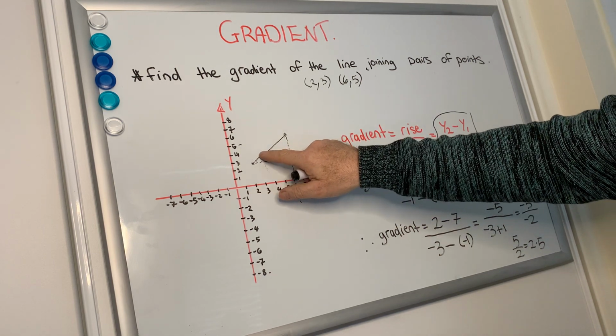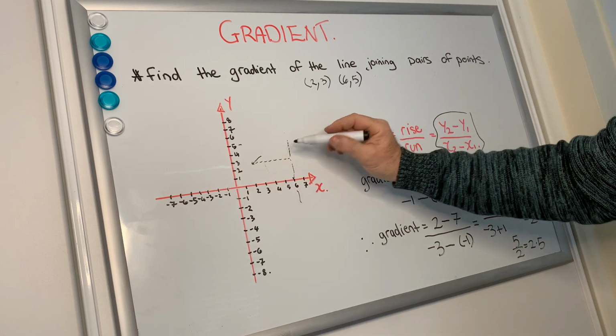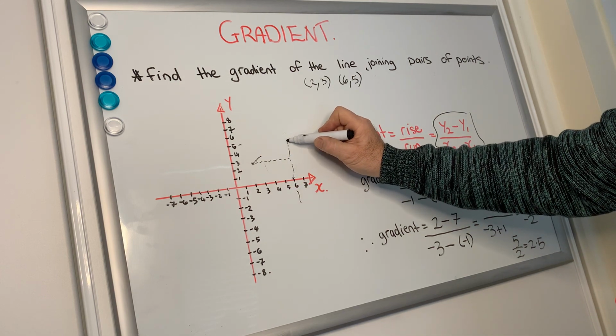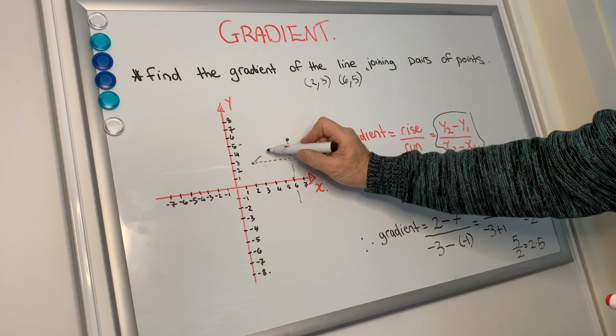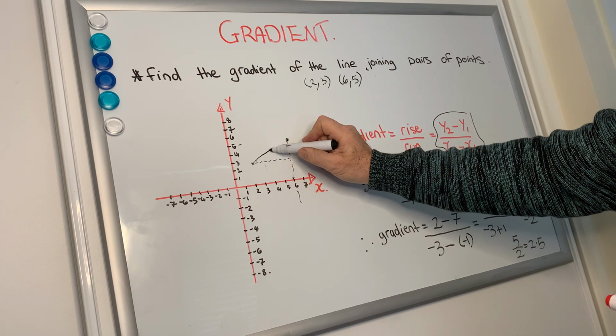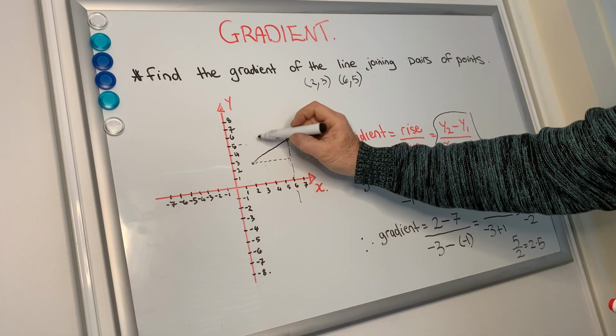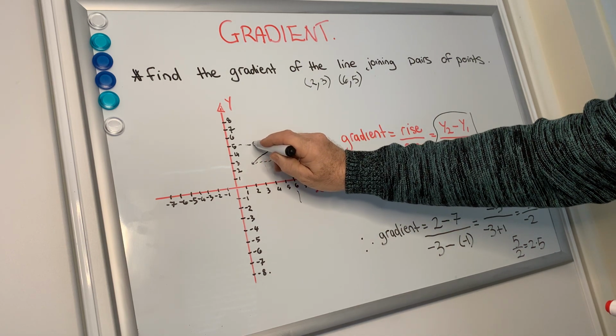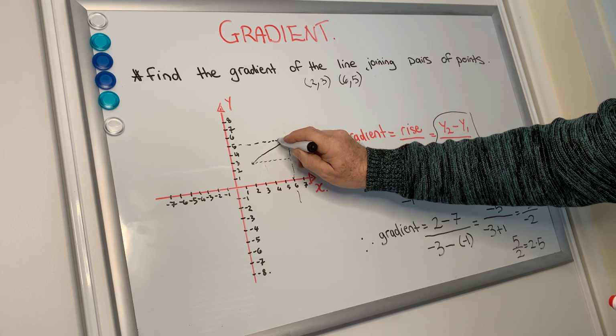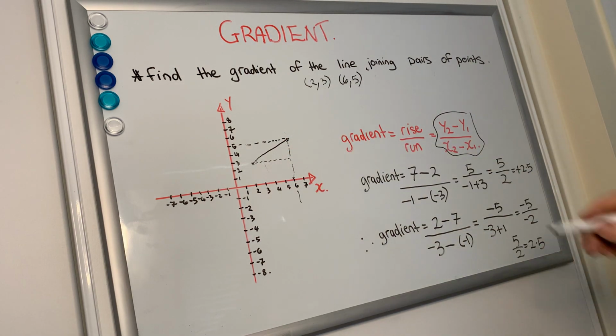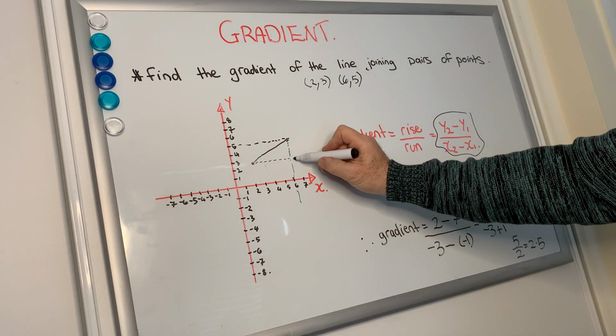I probably haven't drawn it quite right, I'll just change that. So 5 is roughly there, which is that point there. So it's roughly that line there. And this point here is 3.